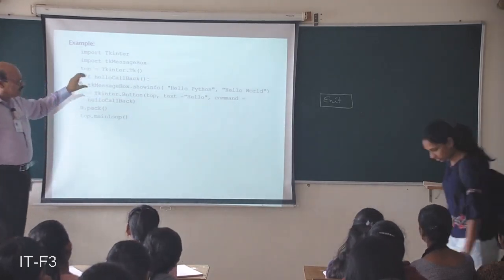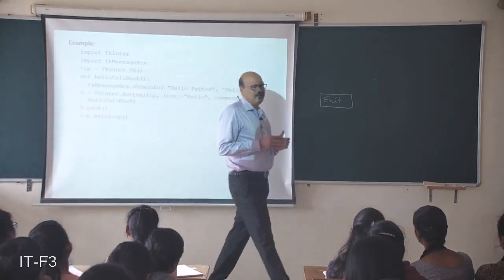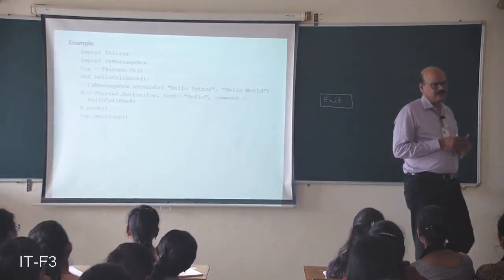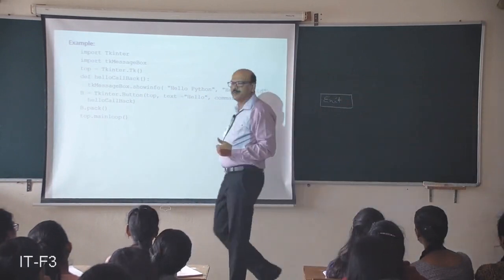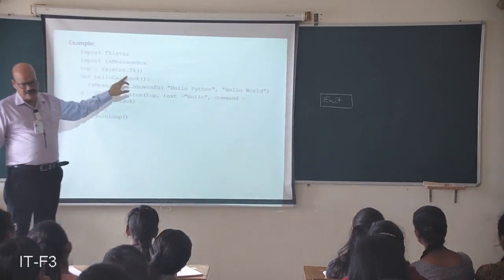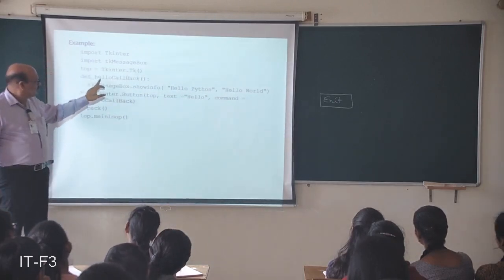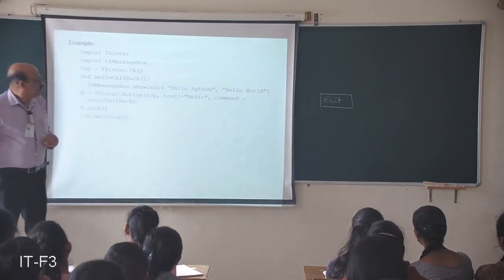After that, I want to provide some handling code in response to the button click event. Whatever code you want to execute in response to an event, you can define in a function. Here I'm defining a function called hello callback. What is the code?